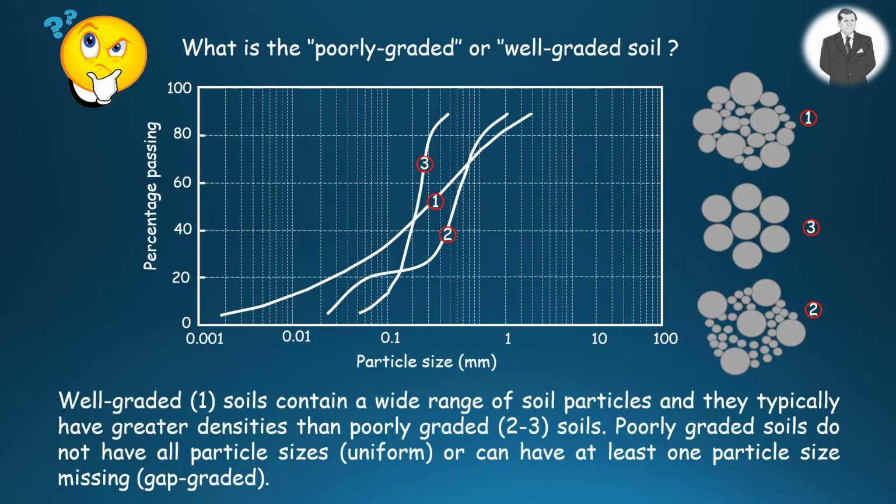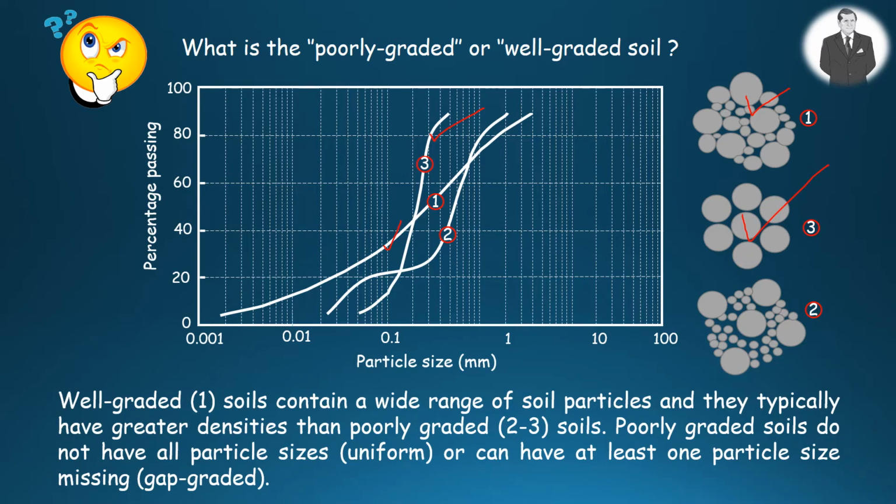Well-graded soils, as depicted here and represented with Q1 in the figure, include a wide range of soil particles. Poorly graded soils, on the other hand, as illustrated here and represented with Q3 in the figure, don't have all particle sizes.